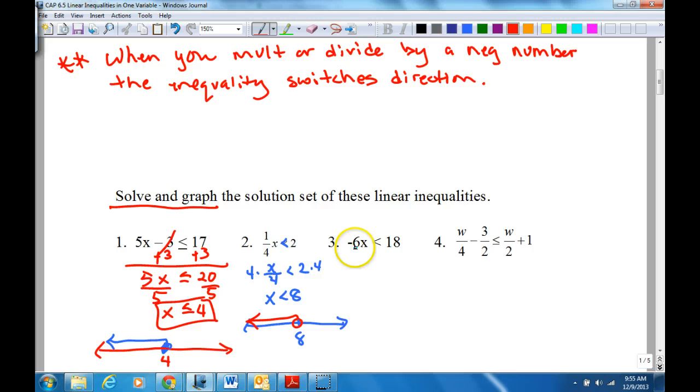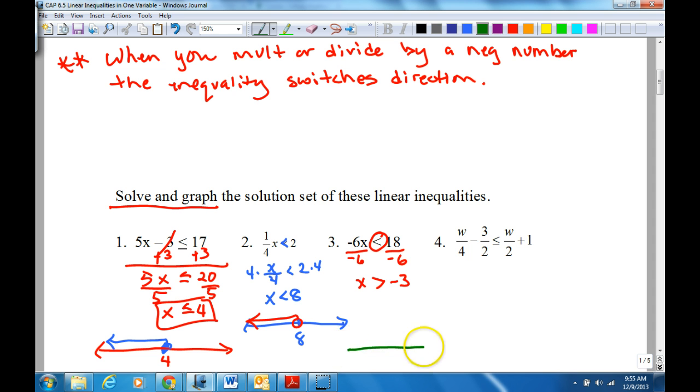So for number 3, we have negative 6x is less than 18. If we divide by negative 6, what happens to that? Changes direction. So it's going to be x greater than negative 3.